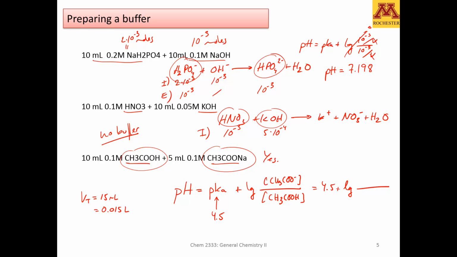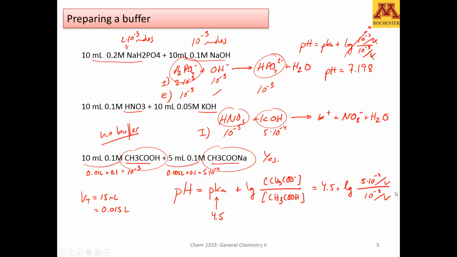So, how many moles of acetate do I have? 5 milliliters at 0.1 molar, this is 0.005 liters times 0.1, this is 5 times 10 to the negative 4. You will see that the volume cancels out. And from here, this is 0.01 liter times 0.1, this is 10 to the negative 3, divided by volume.